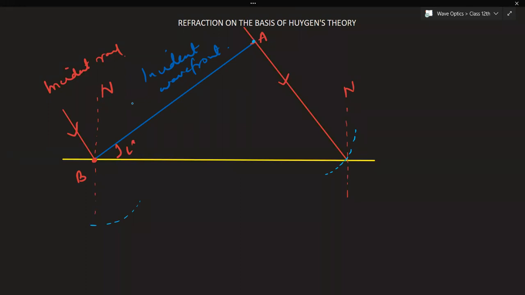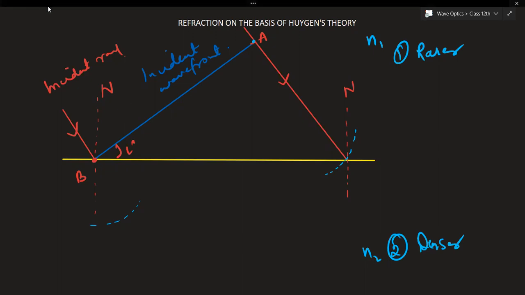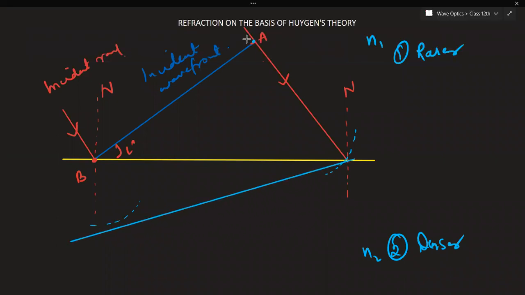See, this is, let's say, the angle. These are two different media. That's why this is N1, this is N2. Let's say this is medium 1, which is rarer, and this is medium 2, which is denser. Fine. So here, if you join the forward envelope, you get it like this.